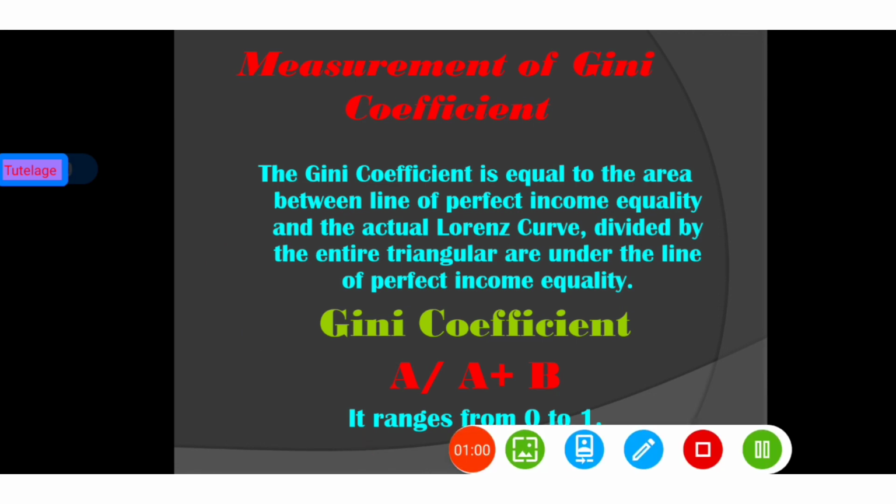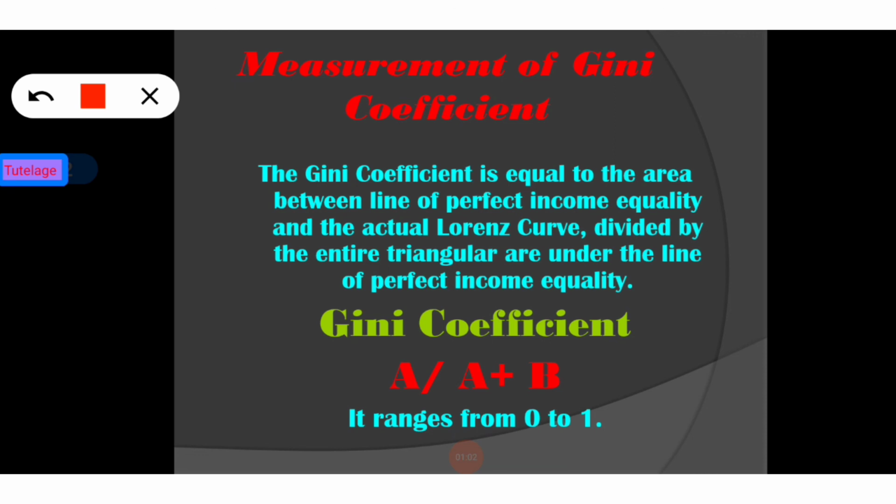We all know that the Gini coefficient ranges from 0 to 1. If the Gini coefficient is 0, that means perfect equality. What do you mean by perfect equality? Perfect equality means everyone receives an equal share.